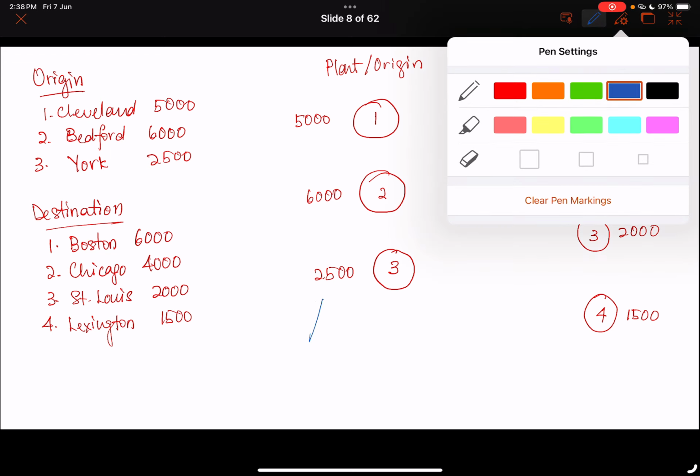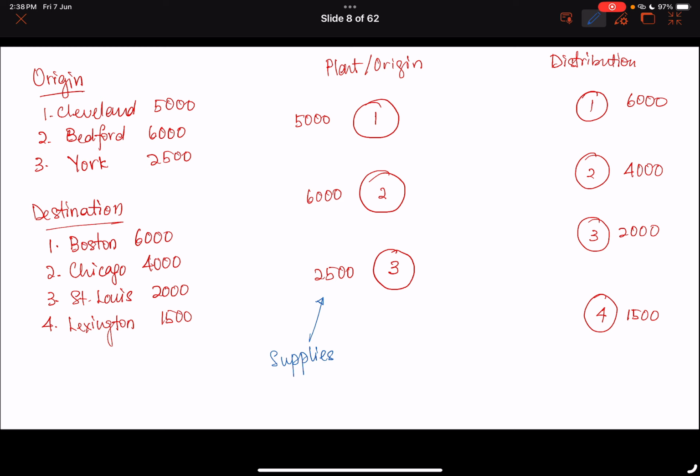These are known as supplies. These are our demands. So these are the origin nodes, and these are the distribution or destination nodes.